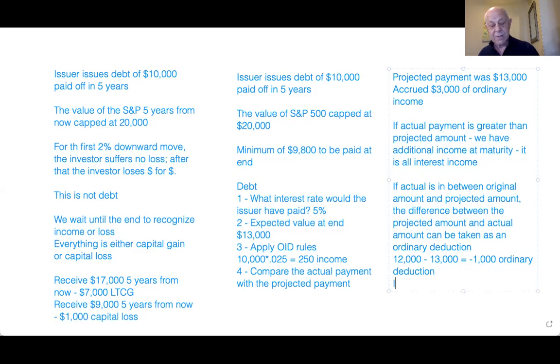If the actual is lower than, if actual is less than original, then deduct full amount that was accrued and excess loss is capital.